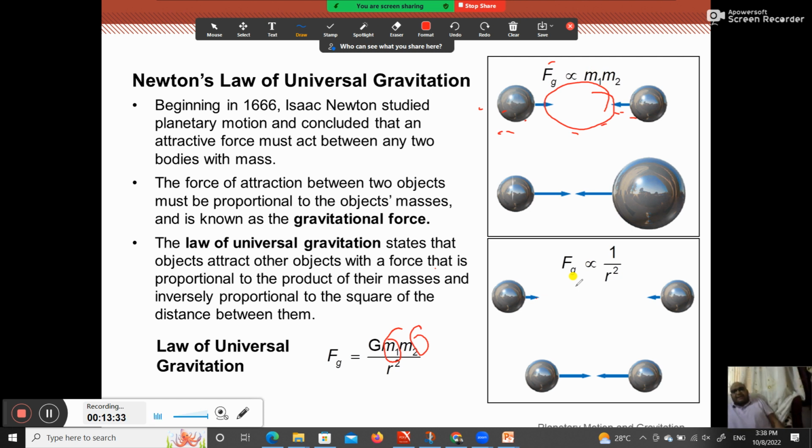So as the radius increases, the distance between two objects, the gravitational force will decrease. It's an inverse relation, but an inverse relation with r squared, not r.